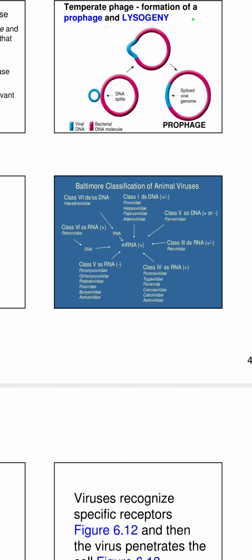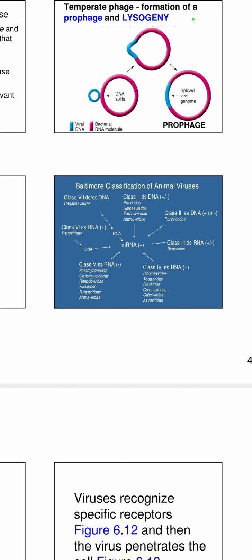So the Baltimore classification starts with how the messenger RNA is synthesized. Among the distinct mRNA transcription strategies representing each virus group, Group 1 is represented by viruses containing a double-stranded DNA genome, which synthesize mRNA by transcription from the DNA genome template. So now group 2 will be discussed.